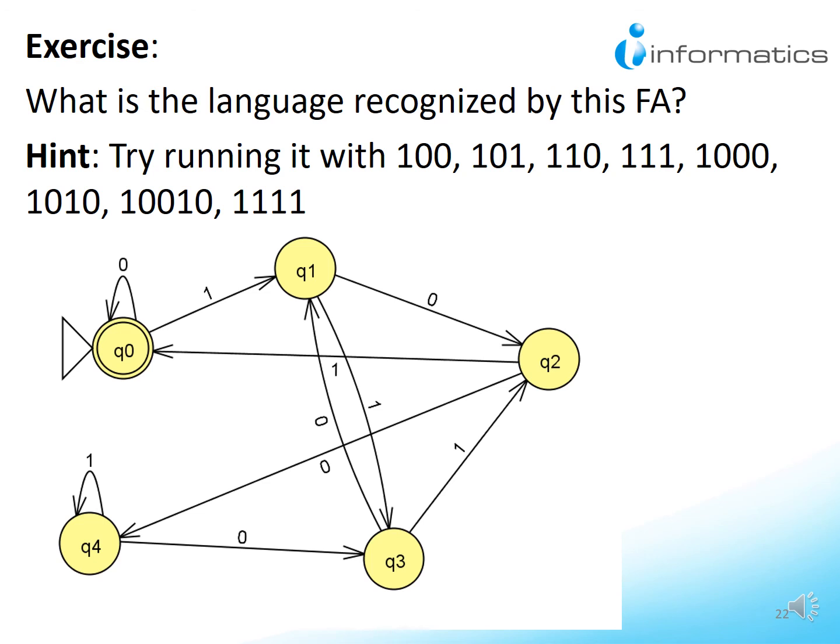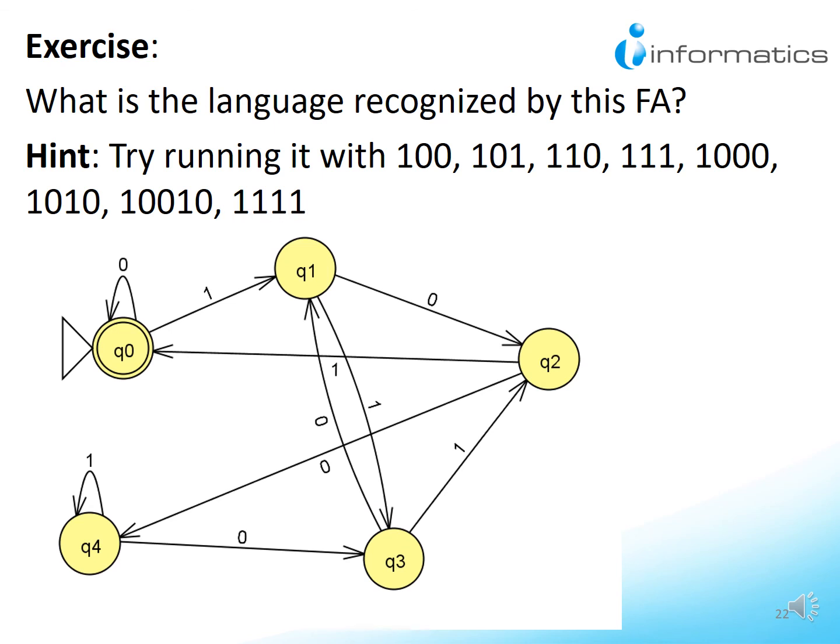For example, after processing 100, it goes to Q4. After processing 101, it goes to Q0. After processing 110, it goes to Q1.